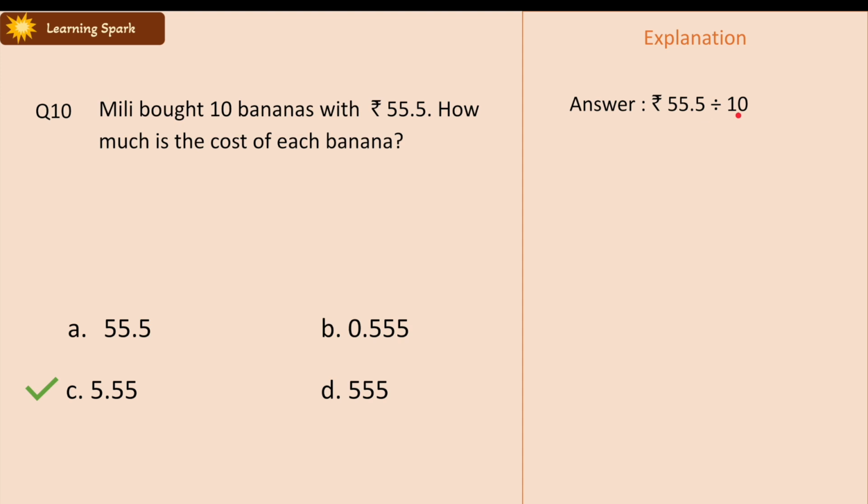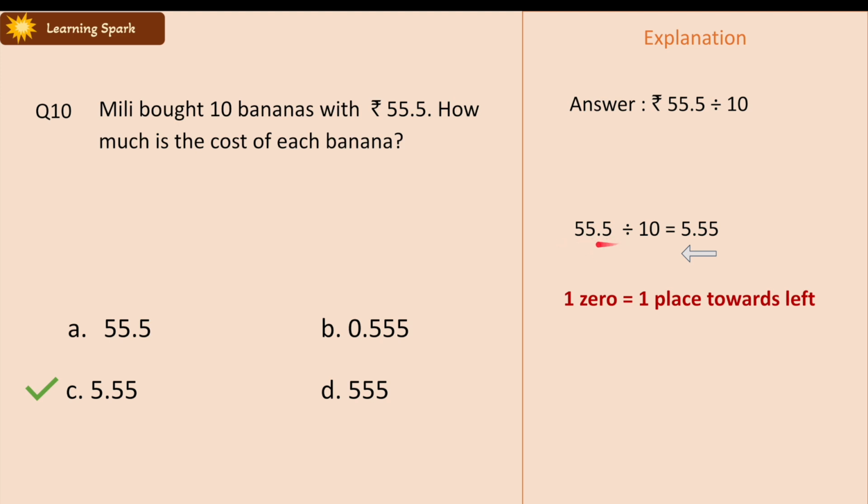55.5 divided by 10. The only thing is, how do we convert into decimal point? We have already learned that if we are dividing by a number like 10 or 100 or 1000, based on the number of zeros, the decimal point will move. Here we are dividing by 10, which has one zero, so in the final answer the decimal point will move one place towards the left.